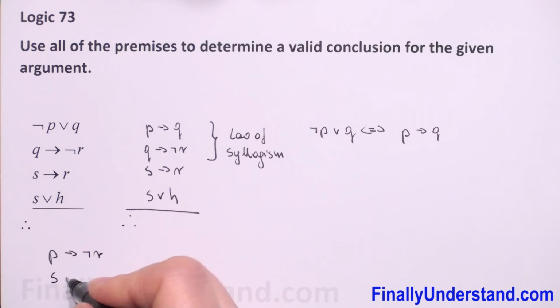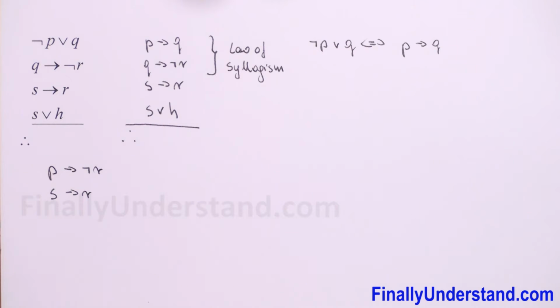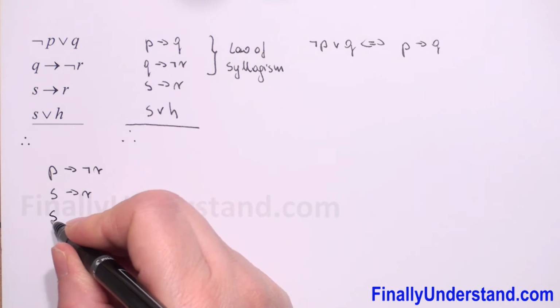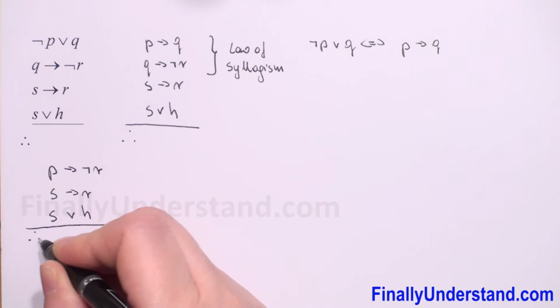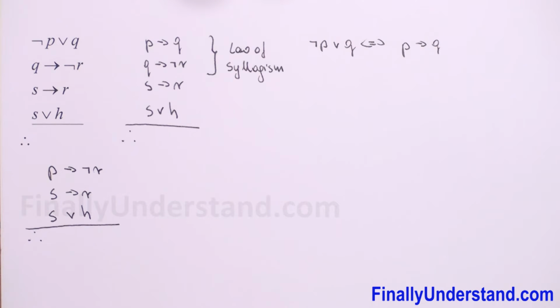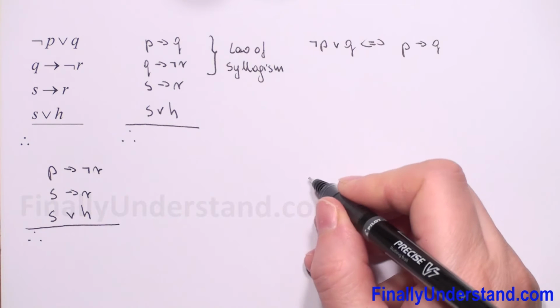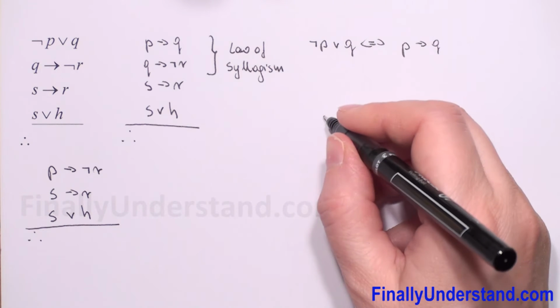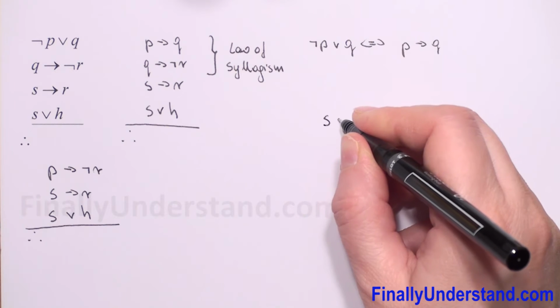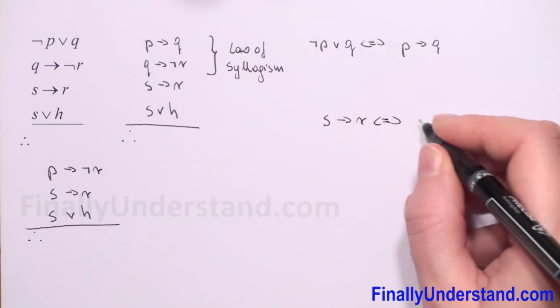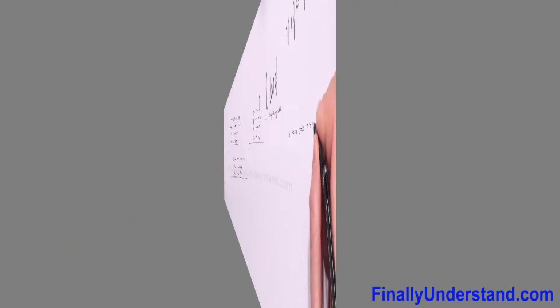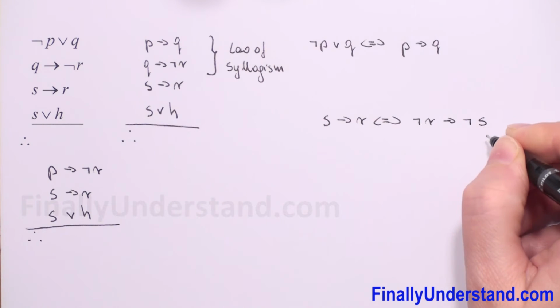We have S implies R, and we have S or H. So now we can use the contrapositive and rewrite that. Let's put this here. S implies R. So this is equivalent to not R implies not S.